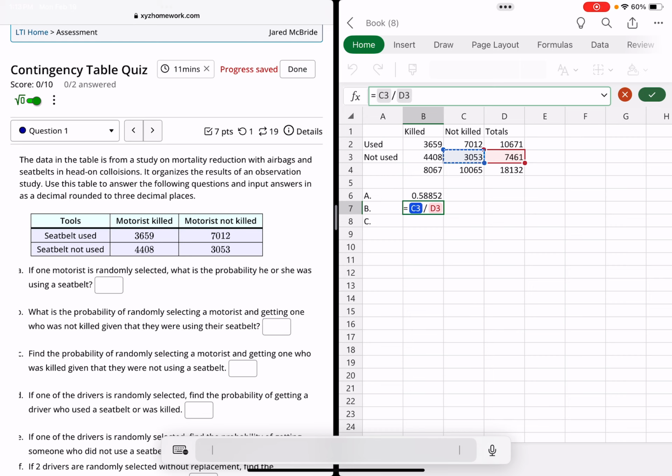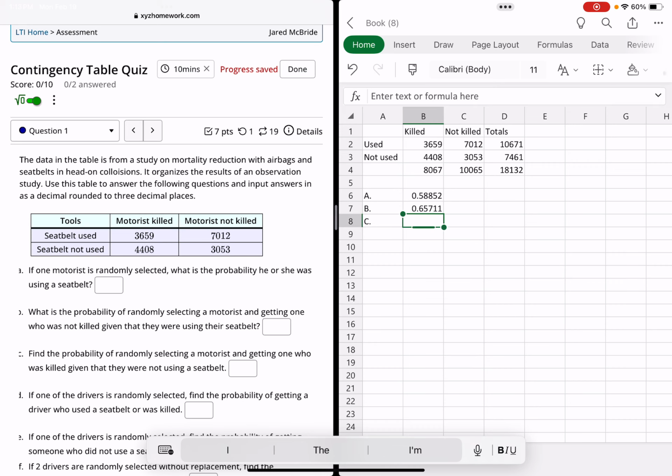Okay, let me read B again. Given one not killed, given that they were using a seatbelt. A seatbelt was used. All right, that's better. Seatbelt was used in B.